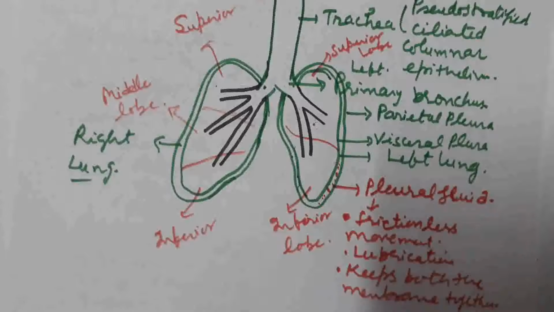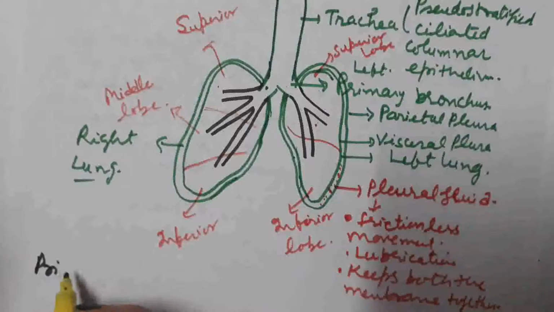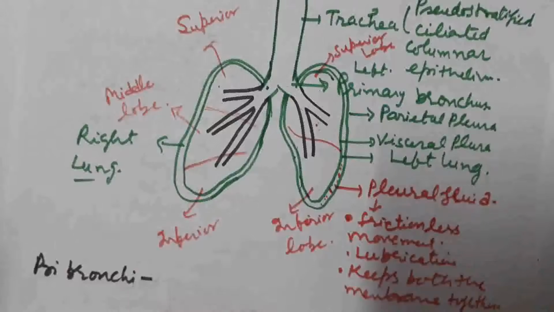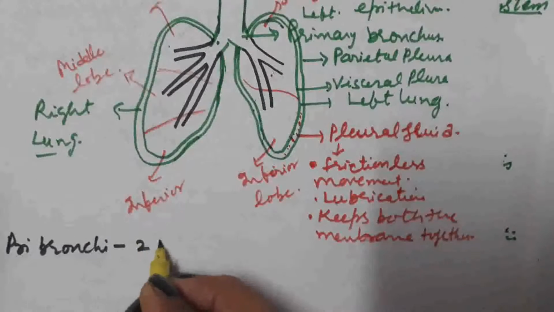If we write the number of these branches, primary bronchus or bronchi, they are 2 in number.